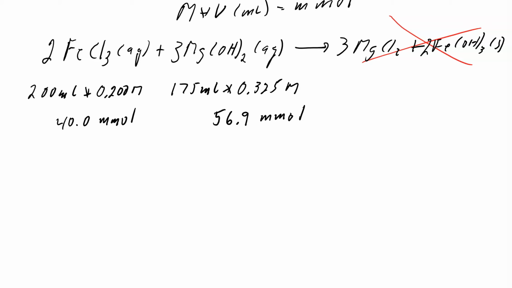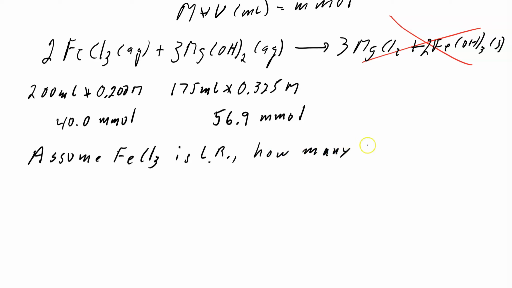So again, we're going to have to make our assumption, our premise. Let's assume that iron chloride is the limiting reactant. Make that assumption. Then the question is, how many millimoles of magnesium hydroxide do I need to react with all of my iron chloride?